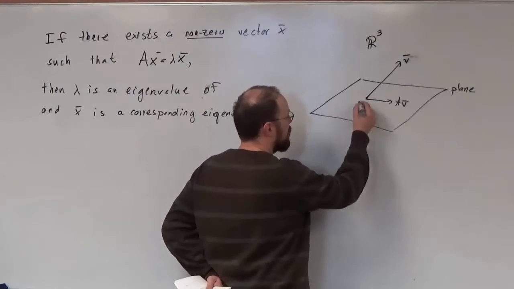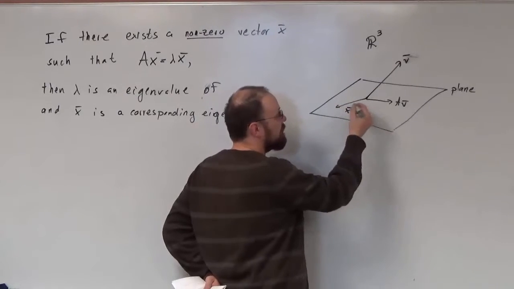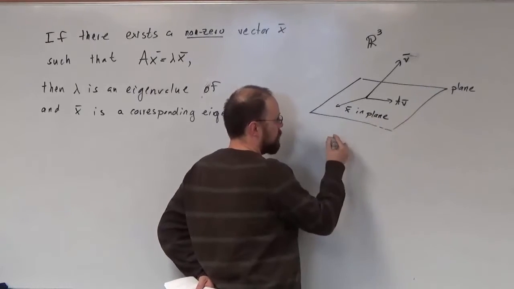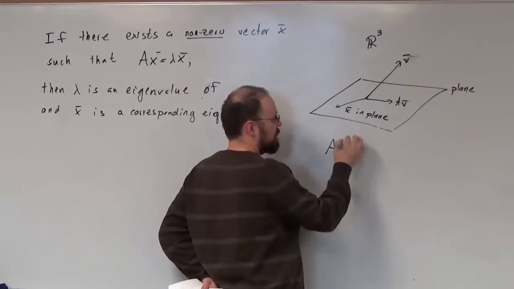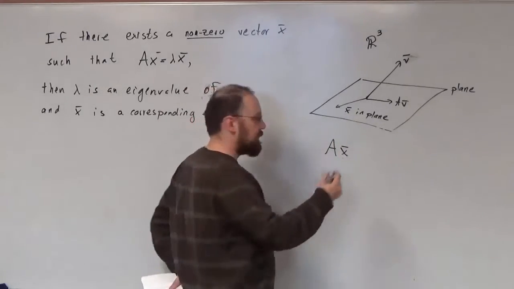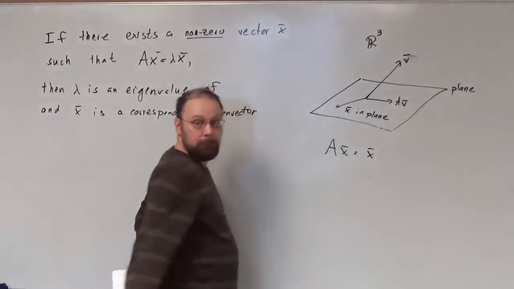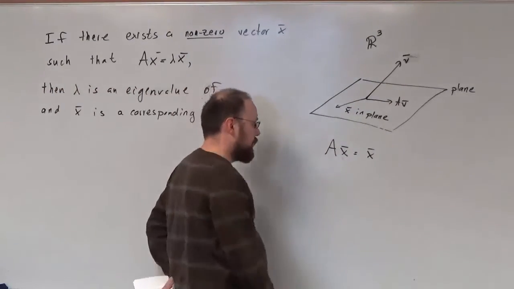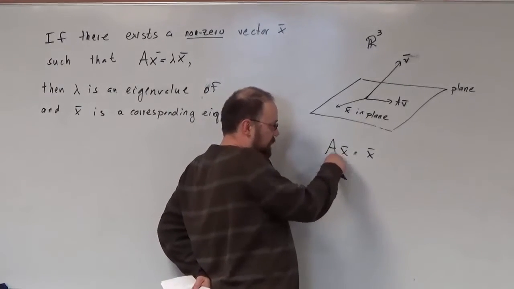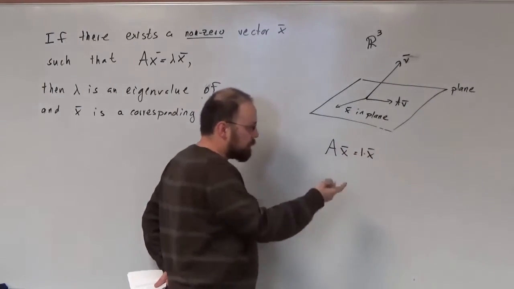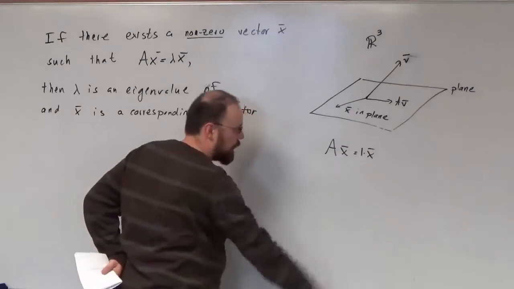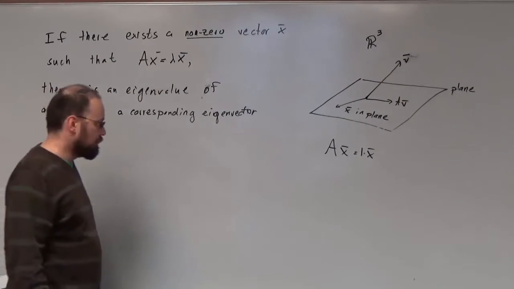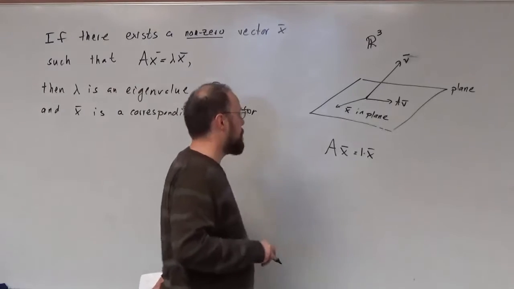Suppose you have a vector that's already in the plane. Then, if I project that vector onto the plane, I just get that vector back, correct? And suppose this is a non-zero vector, and you can definitely find a non-zero vector. So you see that transforming this vector that's in the plane just gives you a multiple of that vector, and the factor multiplied by is 1. So we would say that 1 is an eigenvalue for this projection matrix. And x would be an eigenvector.